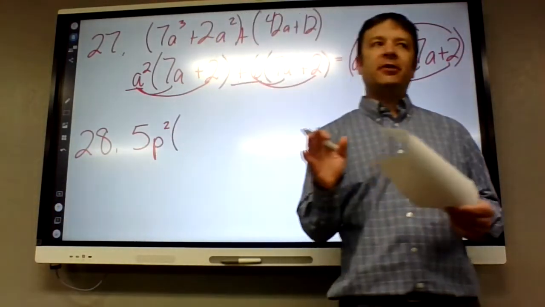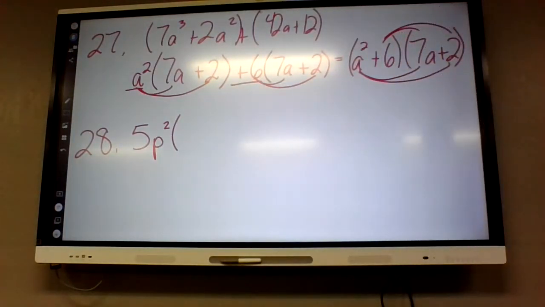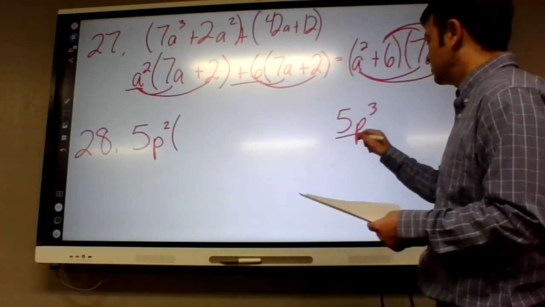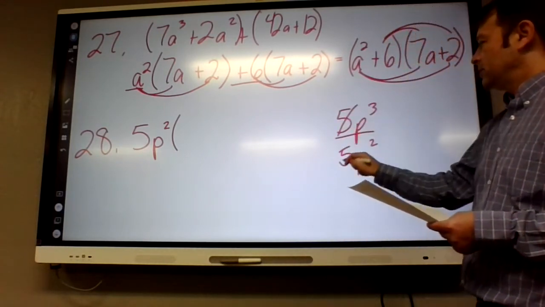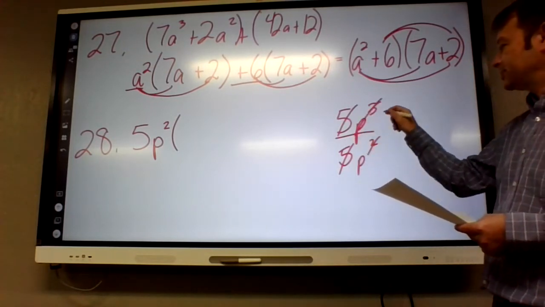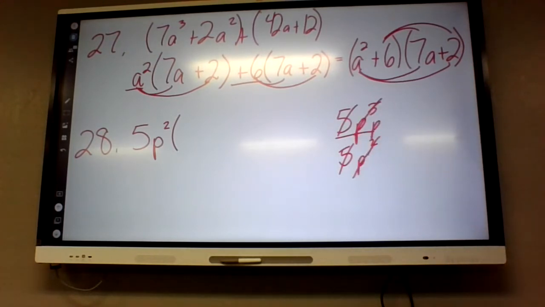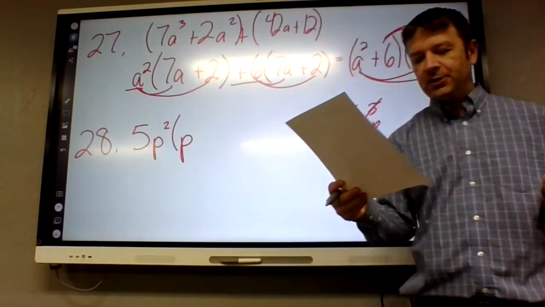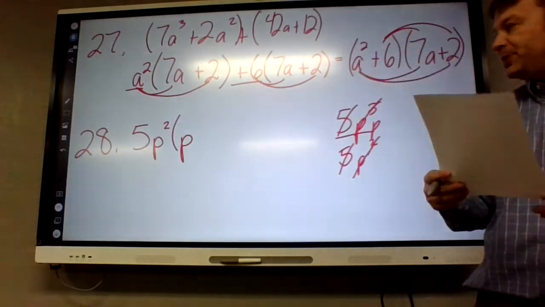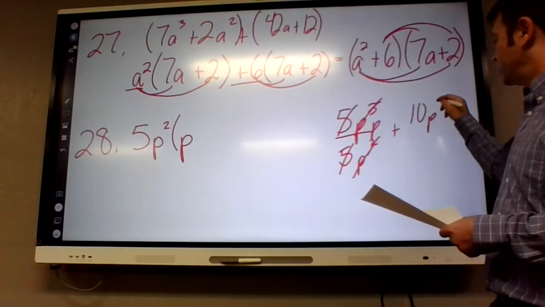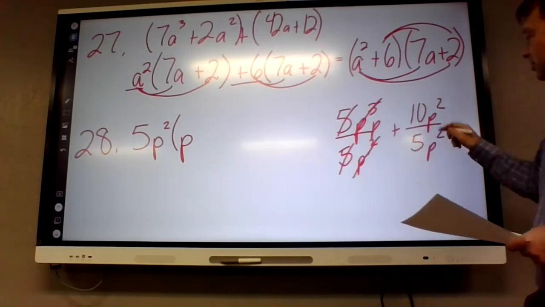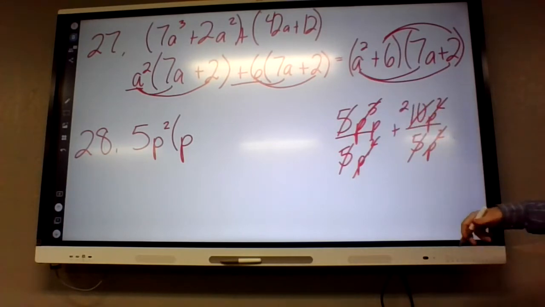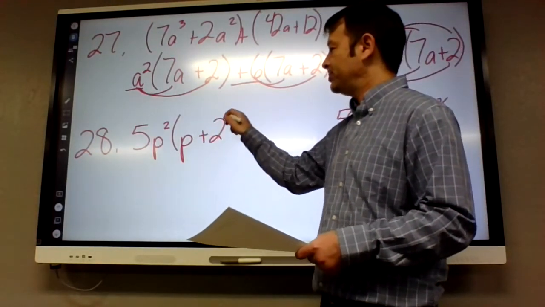What is left after I divide the first two terms by 5p squared? 5p cubed divided by 5p squared, the 5's go away, just p. The second term is 10p squared, and 10 divided by 5 is 2, and the p squared goes away. So in the parentheses, all we have is p plus 2.